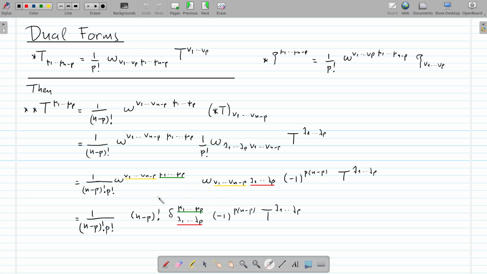So here we obtain an n minus p delta symbol from the contraction of n minus p indices, and that will leave free mu 1 through mu p and lambda 1 through lambda p.